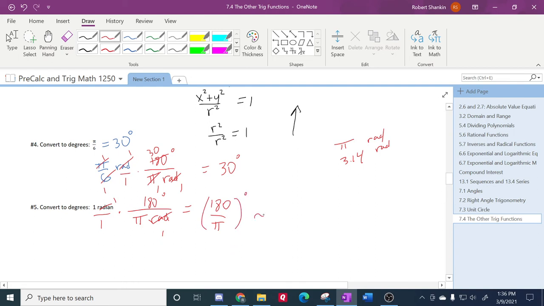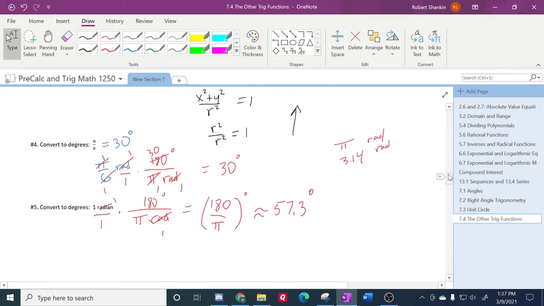Now, 180, if I punch this out of my calculator, pi is around 3, so I'm going to get around 60. But 180 divided by pi, more precisely, would be around 57.3 degrees. Now, it's very close to 60 degrees.